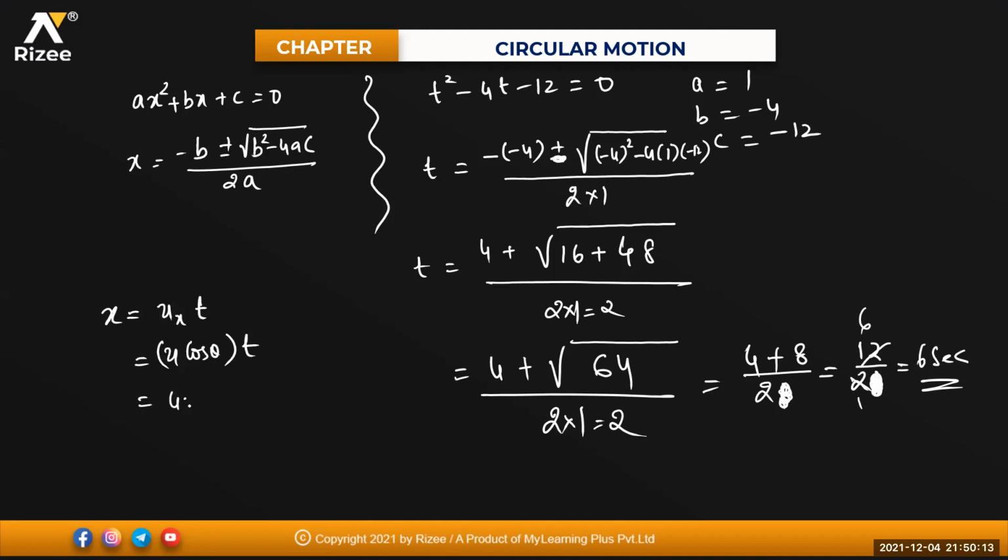The u value is given as 40 into cos 30 into t. So that equals 40 into cos 30, which is root 3 by 2, into the time of 6 seconds. 2 ones are 2, 2 threes are 6, 6 fours are 24. That means 120 root 3 meters. Clear for everyone? Got an idea? Yes, sir.